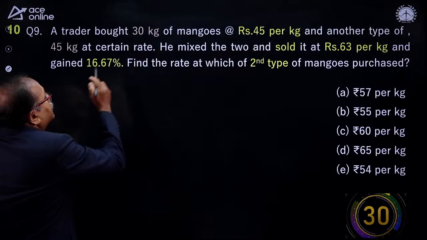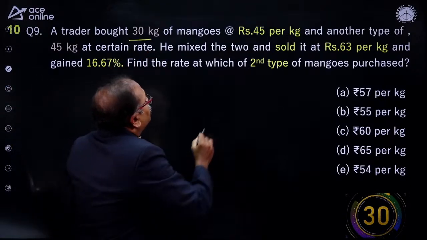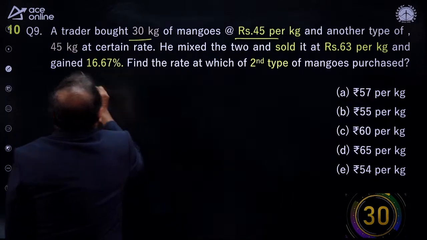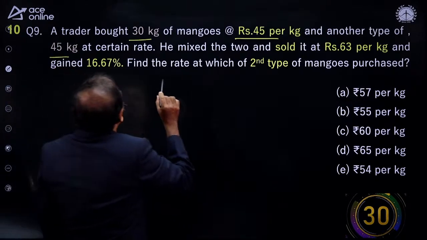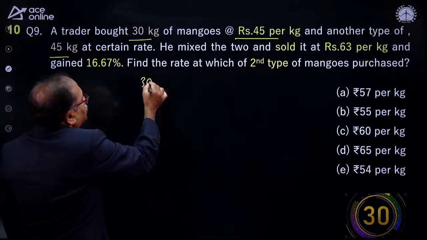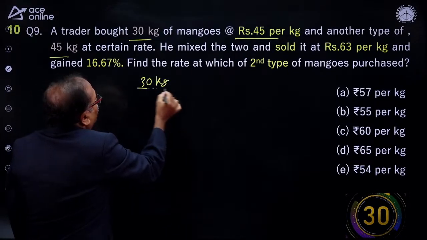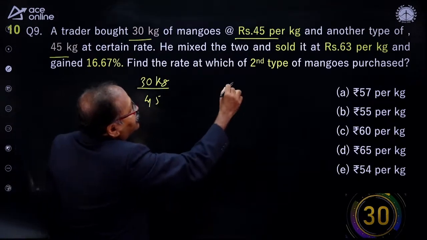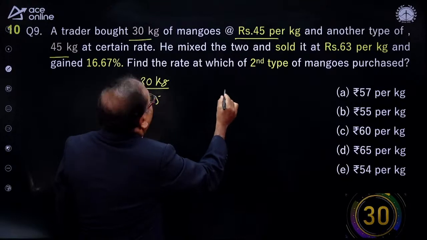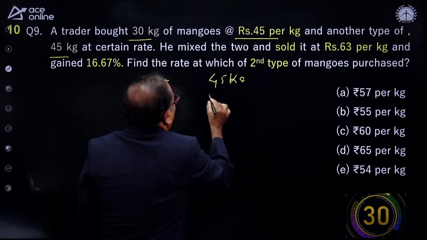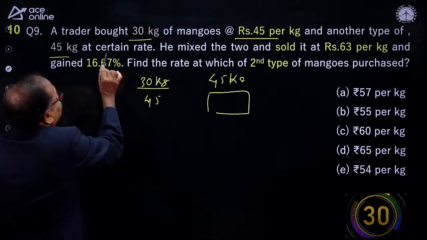Look at this one. A trader bought 30 kg of mangoes at the rate of 45 rupees per kg, and another 45 kg at a certain rate. That means one is 30 kg and the price of that is rupees 45 per kg, and another 45 kg, I don't know what this price is, at a certain rate.